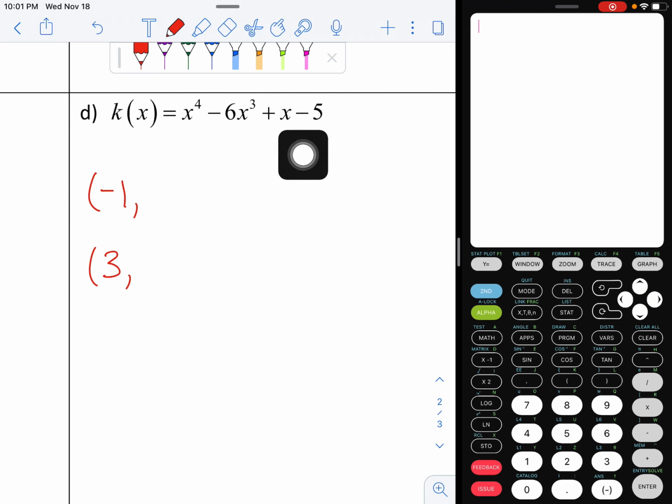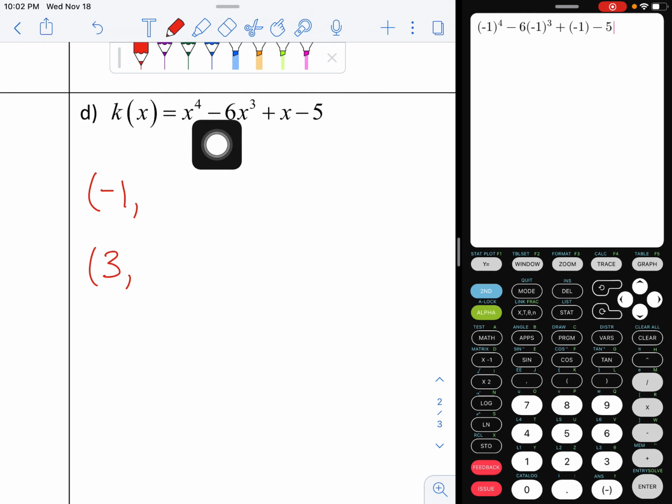So what I'm going to do here is, instead of putting in the whole function as a graph, what I'm going to do instead is just replace all of these x's with -1 and just use parentheses. So I'm going to do parentheses -1 to the 4th, and I'm just using a little caret key, minus 6 times -1 to the 3rd, plus -1 minus 5.